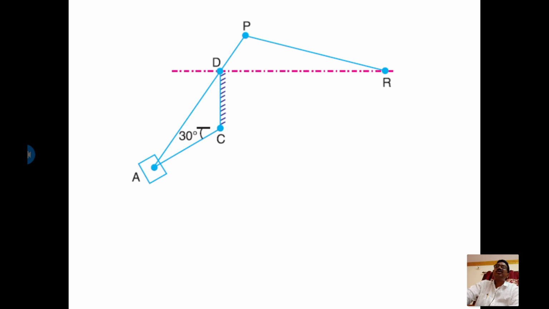From this we are drawing the figure like this. So this is the crank and Whitworth quick return motion mechanism figure. So we can calculate the time of cutting to the time of return stroke. For this given figure, CD is equal to 50 mm, CA is equal to 75 mm, PA is equal to 150 mm and PR is equal to 135 mm from the data.